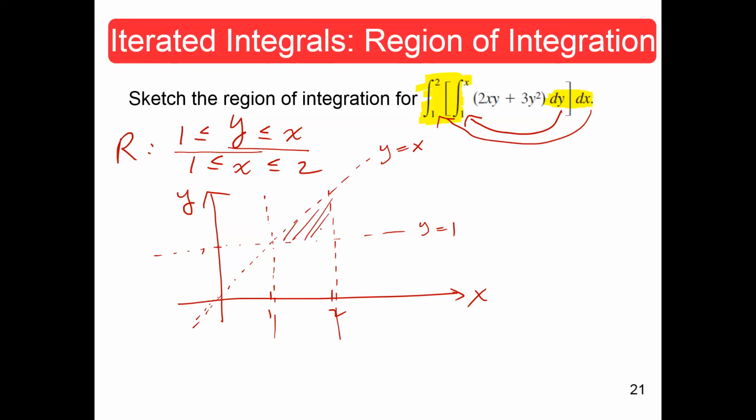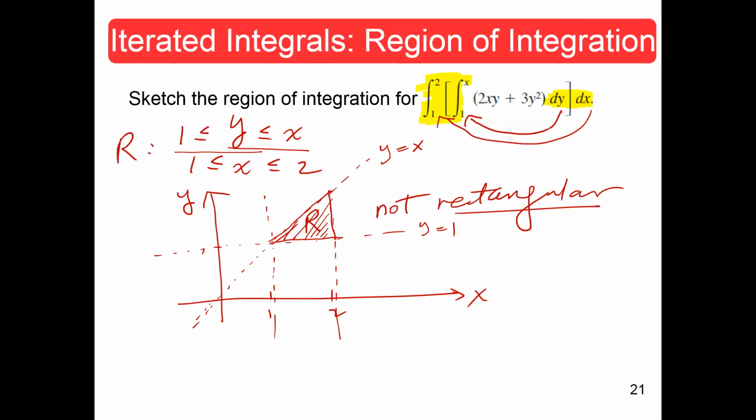So I should be highlighting this region right here. You can see that? So this will be my region R, which is not rectangular, right?